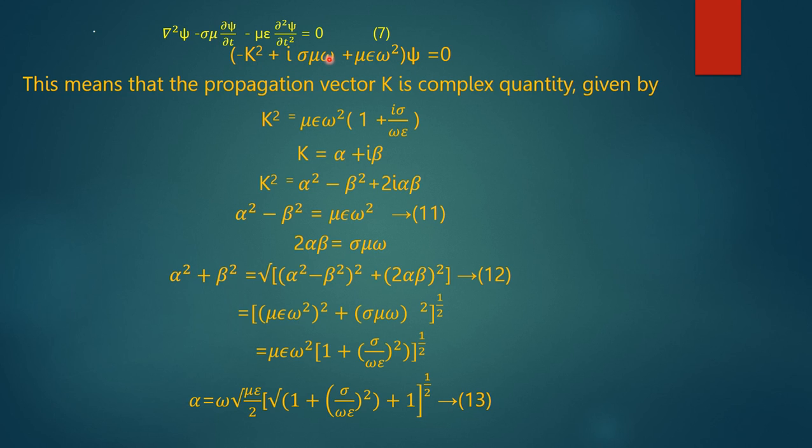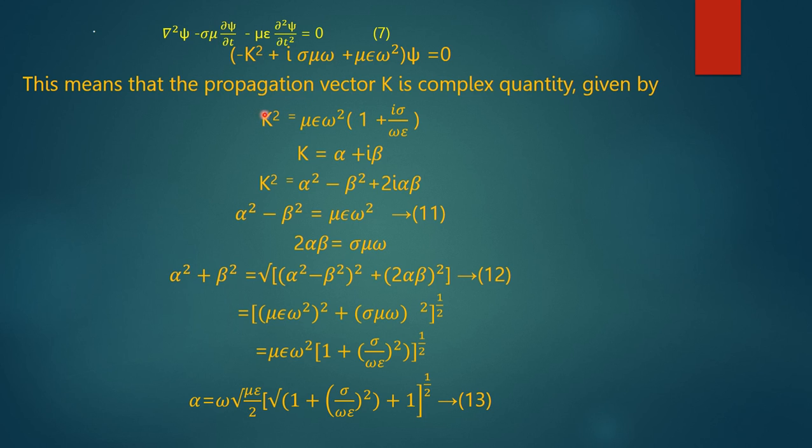This means that the propagation factor k is a complex quantity given by k square. After calculating, we find k square is equal to mu epsilon omega square into 1 plus i sigma by omega epsilon.